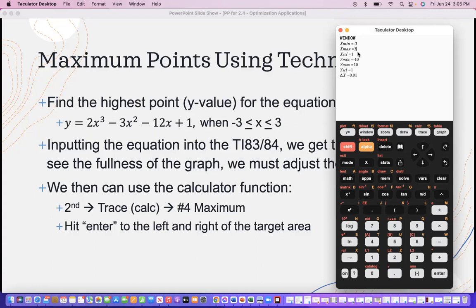We can do that in our x's, and for our y minimum, we wanted to go a little bit lower. So I'm going to lower that to 20 and see if that's helpful. Then we can hit graph again.